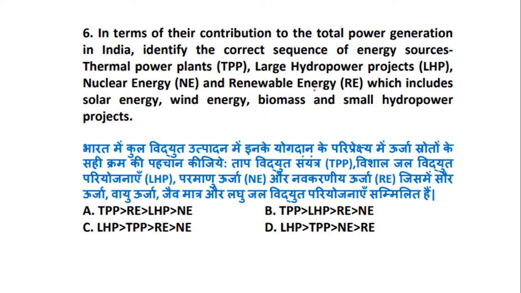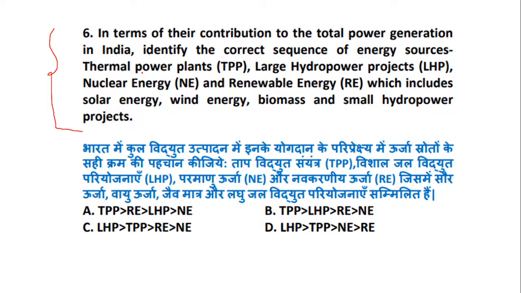Now question number 6. I'll read it a little bit slowly because the question is a bit lengthy. In terms of contribution to the total power generation in India, identify the sequence. You are supposed to arrange the sequence: thermal power plants, large hydropower plants, nuclear energy, and renewable energy, which includes solar energy, wind energy, biomass and small hydropower projects.